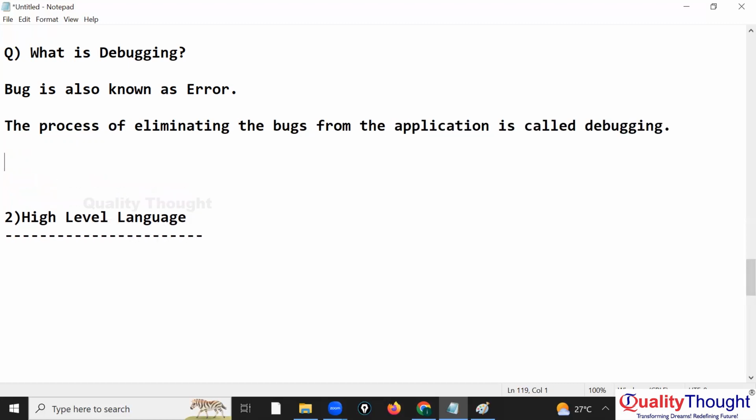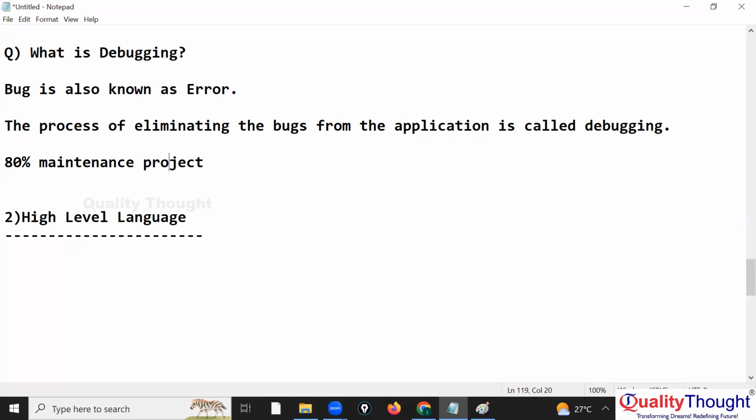Because in India, 80% of projects are maintenance projects only. Maintenance projects means they already developed those projects, and they require some maintenance, changes, implementations, enhancements. Those types of projects are known as maintenance projects.